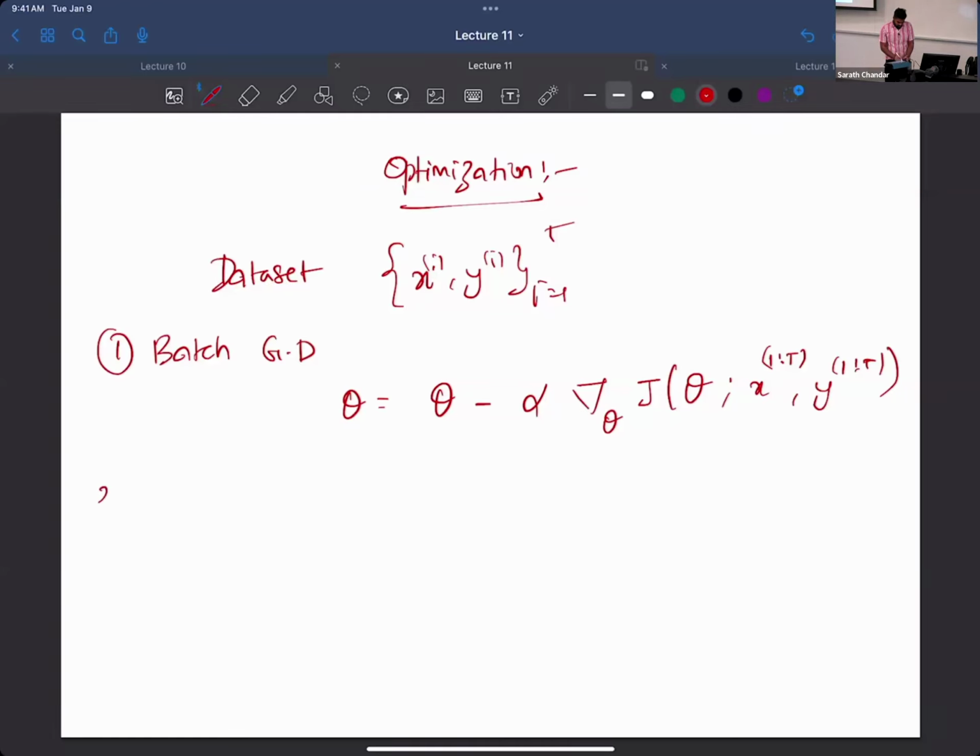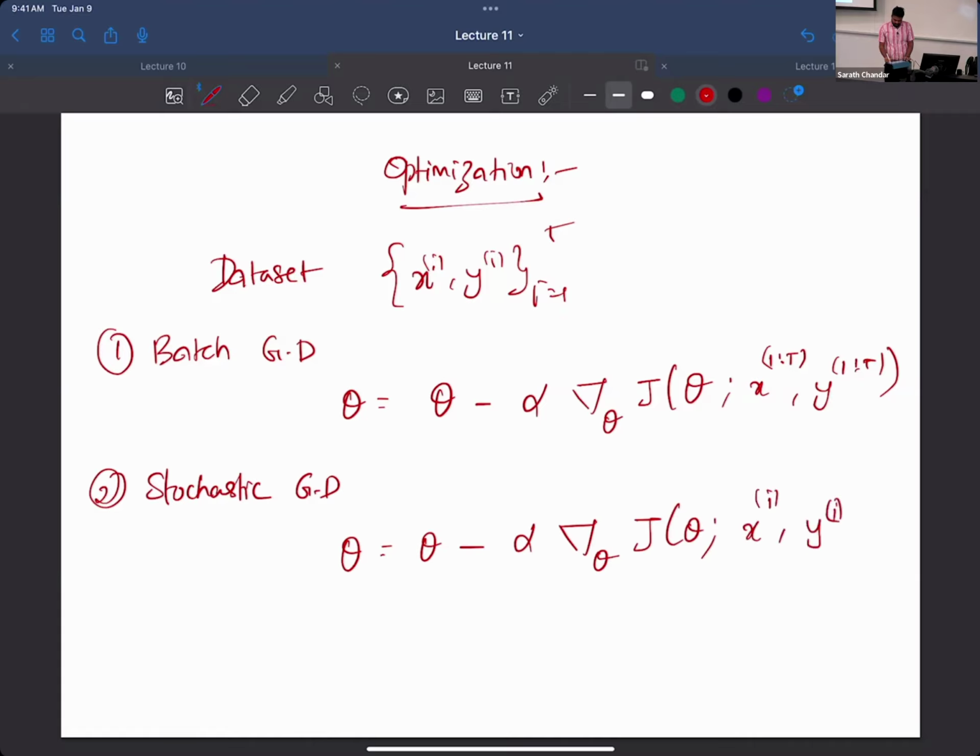So then we looked at stochastic gradient descent. The idea of stochastic gradient descent is theta is equal to theta minus alpha times the gradient, but the gradient was computed with just one example, some example xi, yi, right? So we pick one example, compute the gradient, update the parameter, and continue this forever, right? Then we had mini batch gradient descent.